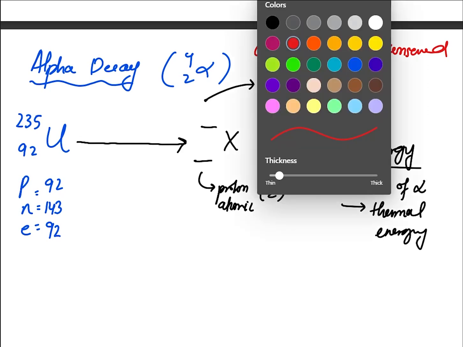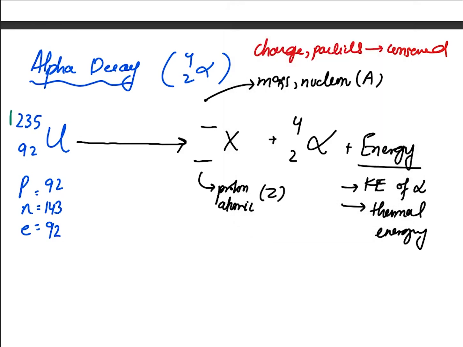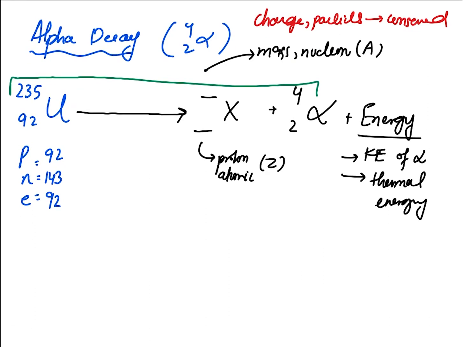Now, the first equation, I'm going to color code this example so that we can remember this later. I will make one equation for the upper part of the system with the green color. Let's make that equation. So 235, the arrow will be treated as an equal sign, equals X, which is what I don't know, plus 4 that comes from alpha.